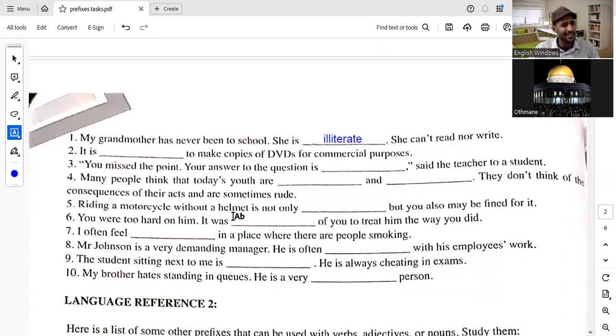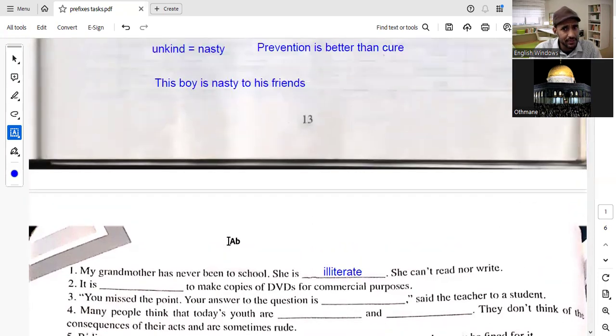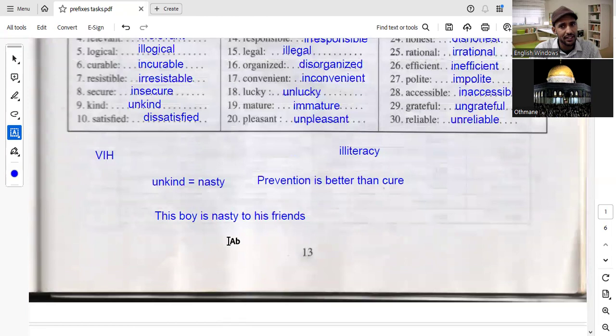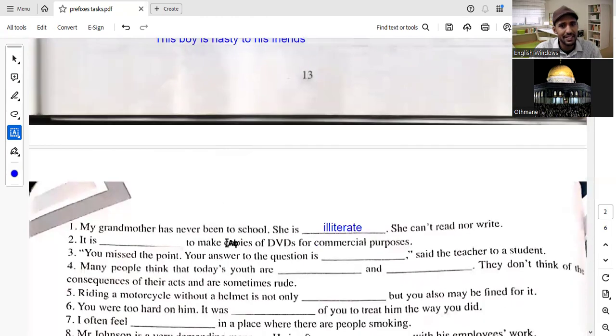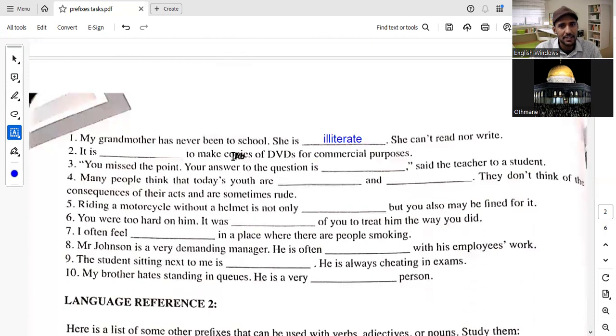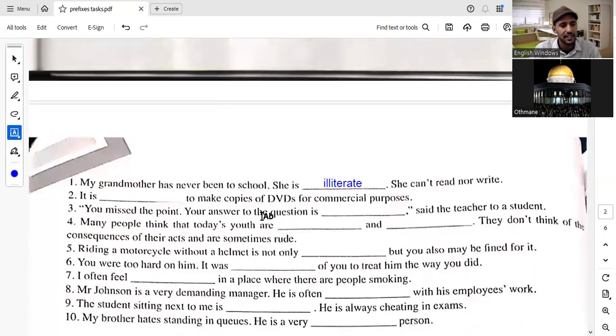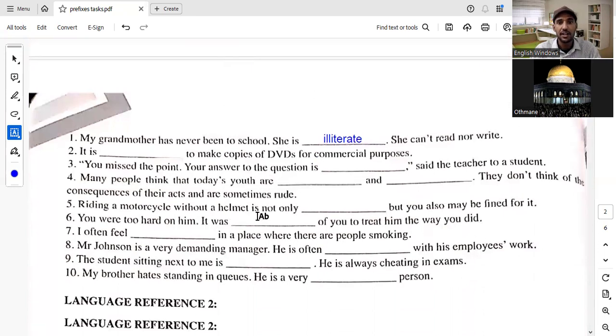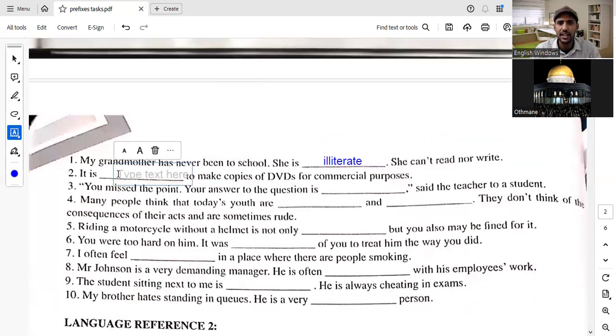Number two, it is to make copies of DVDs for commercial purposes. Imagine someone, maybe an artist. Illegal. Okay, you don't have the right to do that because the product is copyrighted.